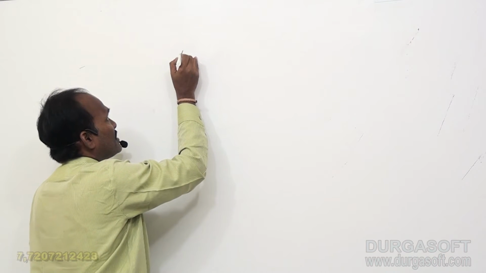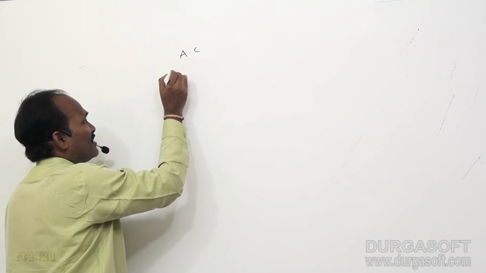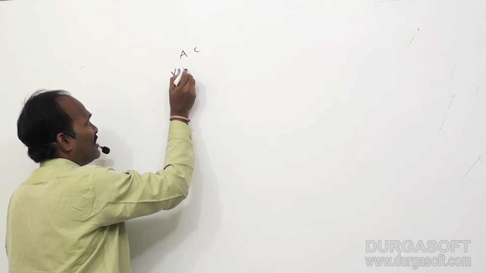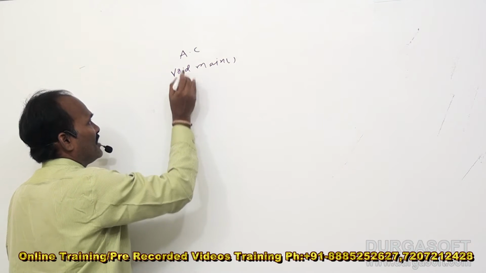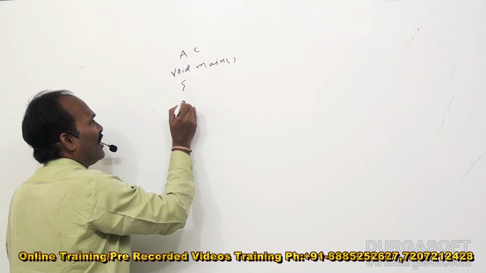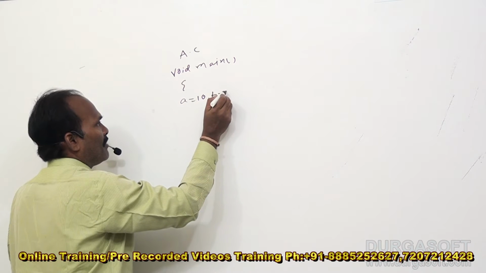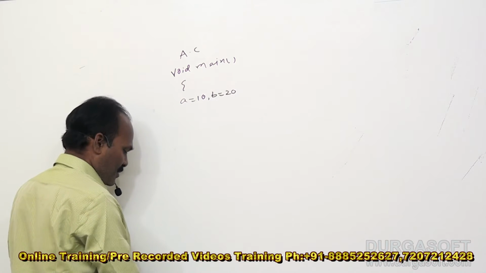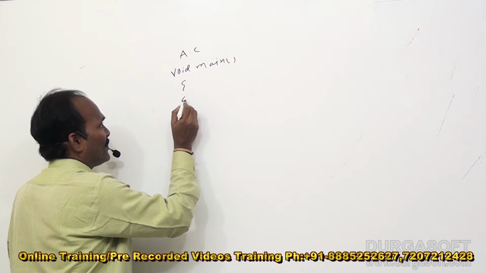Suppose this application name is A.C. This application could define a main function. Within this, a equal to 10, b equal to 20. Of course, initially I won't take any parameters, I will just call a function F1.